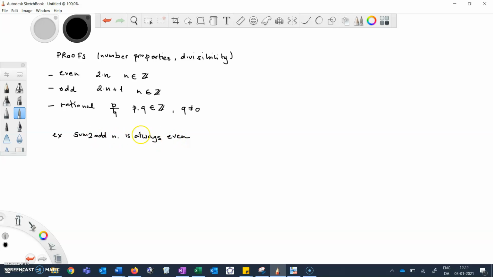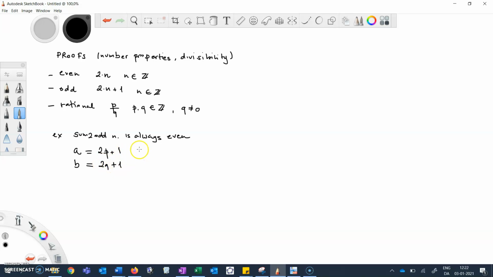How do I prove this statement? Well, I have to imagine that I have two numbers. I will call them A and B. And I will write them, for example, as 2 times P plus 1 and 2Q plus 1.